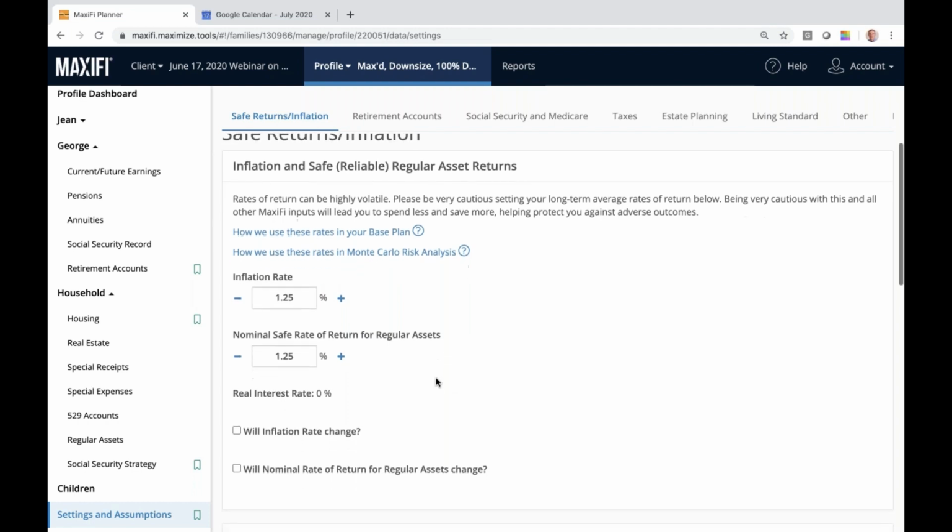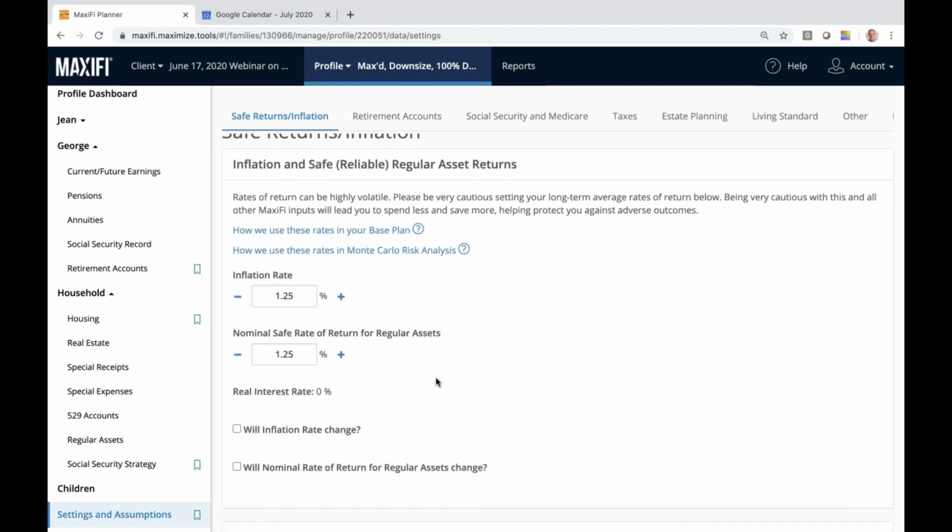We have default values here of 1.25%, because the rates we were looking at when the market changed so much due to COVID-19 were in this area, where the Treasury bond rate was 1.25% for a bit. So we looked over, I think it was the month of April, and saw that the rates were averaging around this number. So we put in these as default rates.